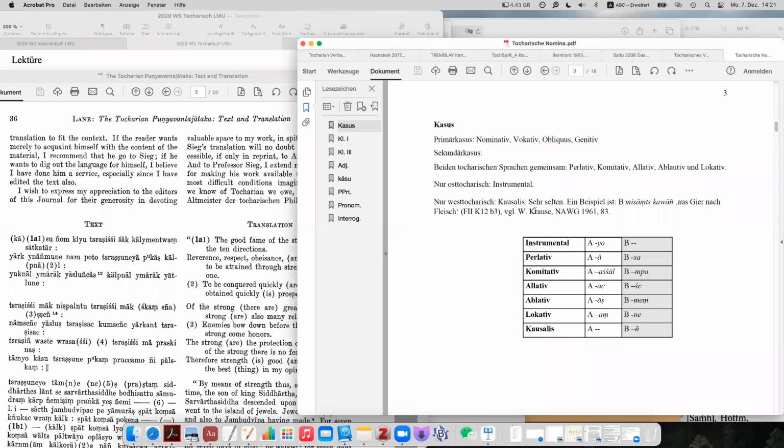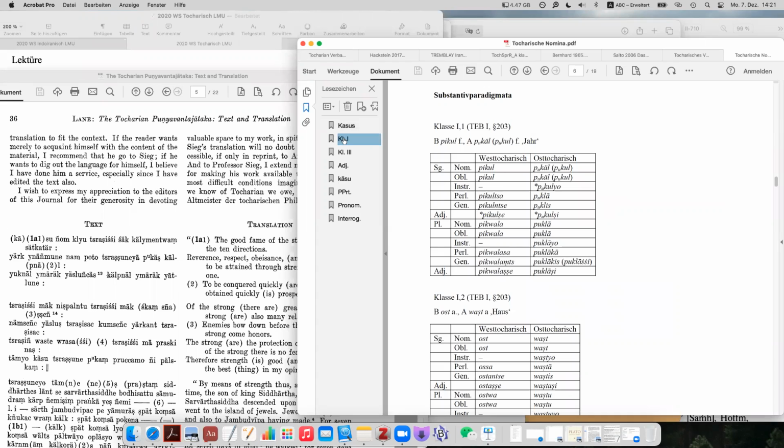As I explained, for the Tocharian nominal system we have primary and secondary cases. This is actually the secondary cases. You have it here. And then for the nouns, we have different classes.